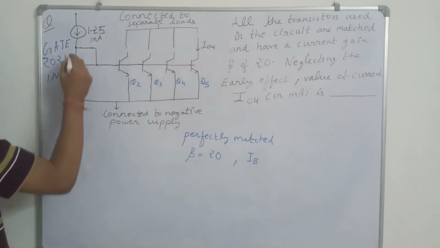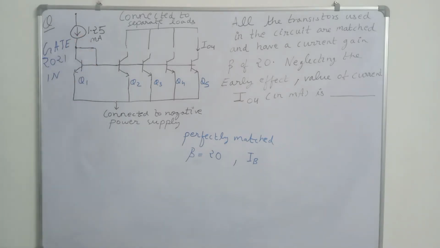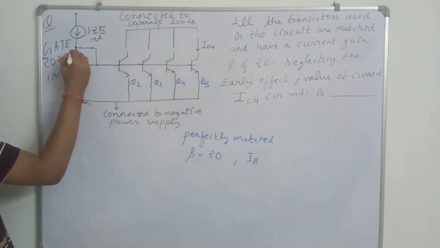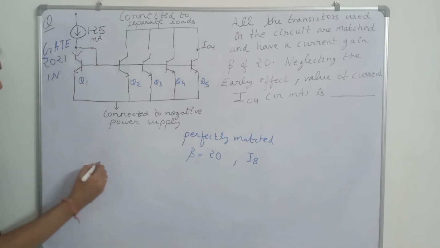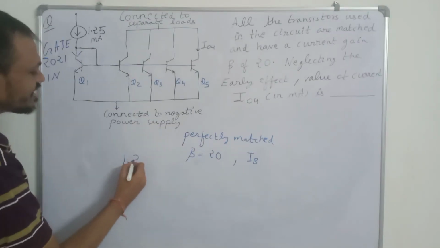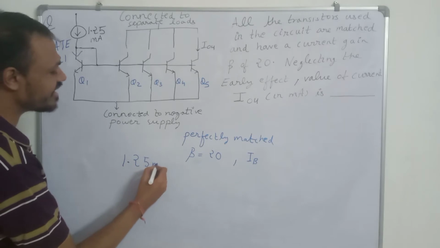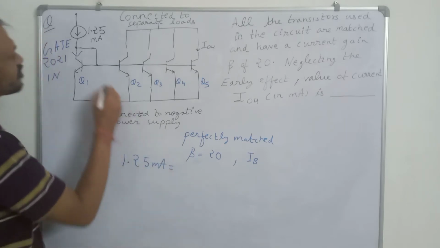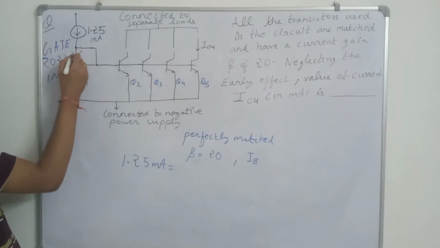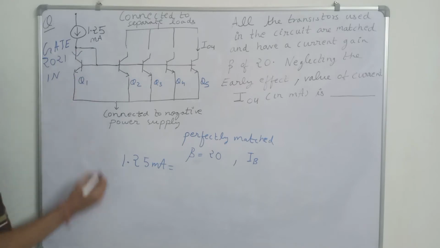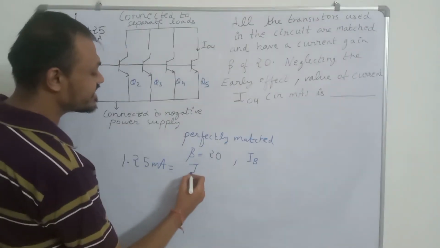Now we come to this current, 1.25 milliampere. This 1.25 milliampere is getting divided into two parts. The first part is this part, which is the collector current of transistor Q1, so we can write it as IC.